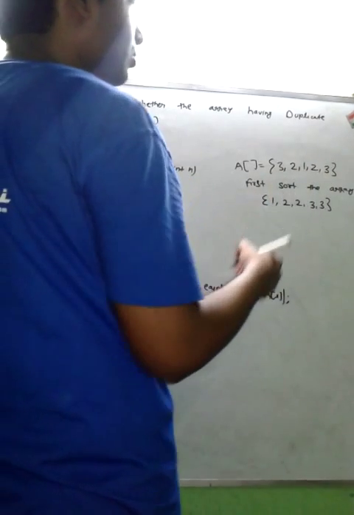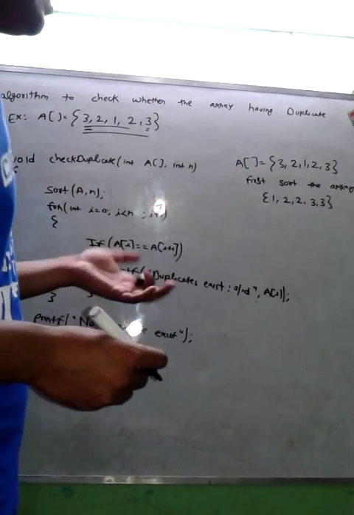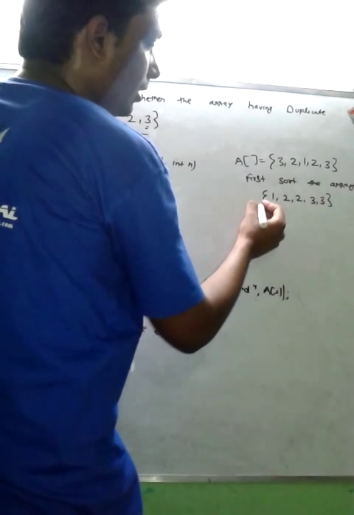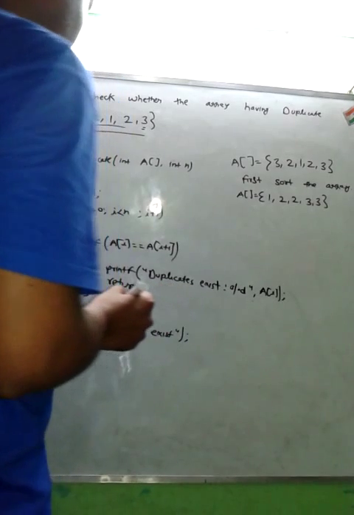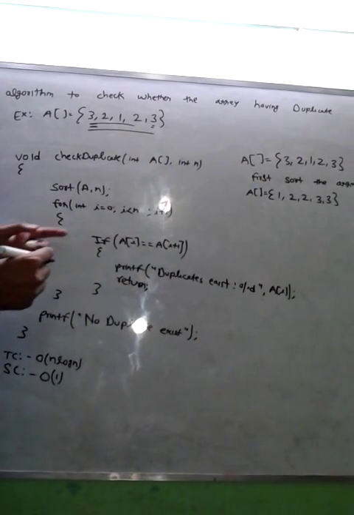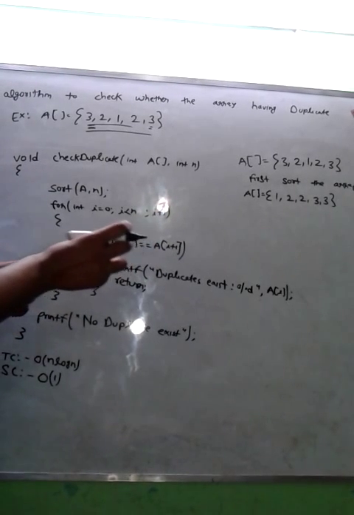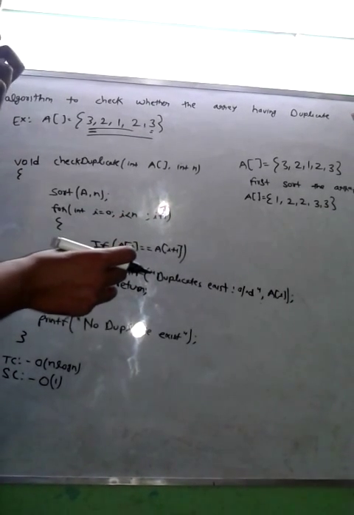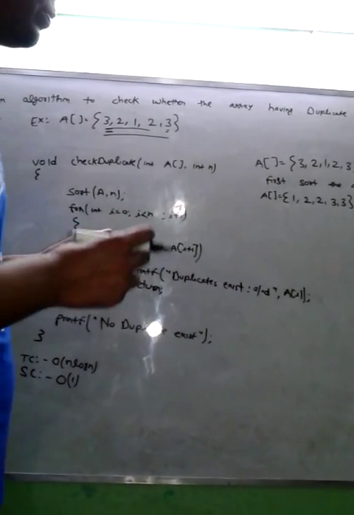By using merge sort or heap sort we can do it easily. So this is the array after sorting. Now we start from i equal to 0 and check the adjacent elements. If adjacent elements are the same, the array has a duplicate item.